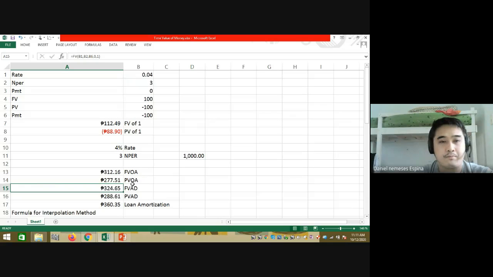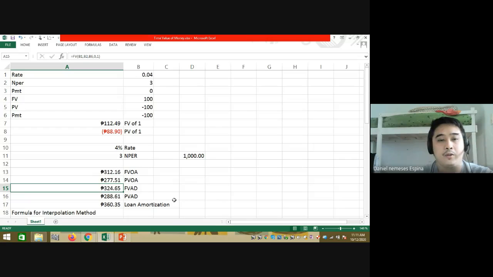Okay, so now annuity due. Again, the difference is that an ordinary annuity is paid at the end of each compounding period, while an annuity due is paid at the start of the compounding period. That's why they have an extra year.